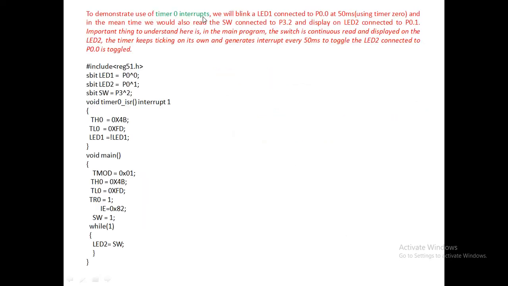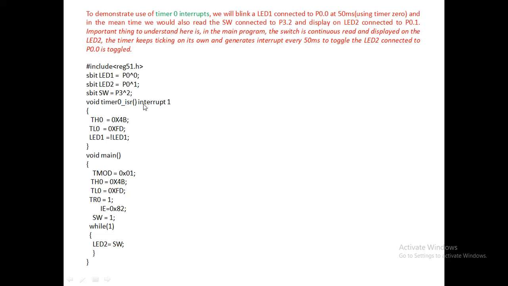So this is the program. This is the timer 0 interrupt we are going to use in this lecture. I am going to generate 50 millisecond on, 50 millisecond off with the help of timer 0 mode 1. In the meantime, the switch is connected to P3.2 and displayed on LED 2 connected to P0.1.